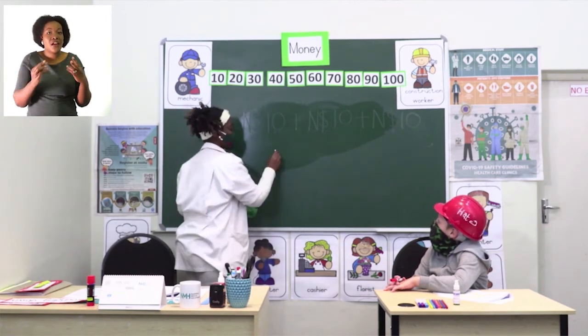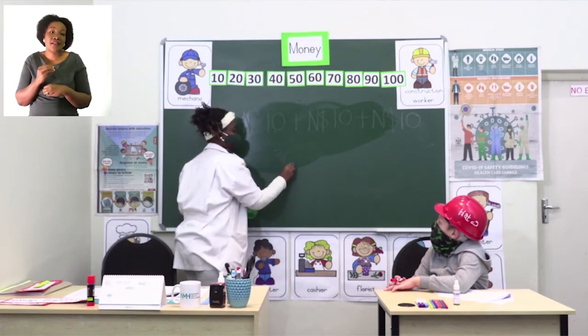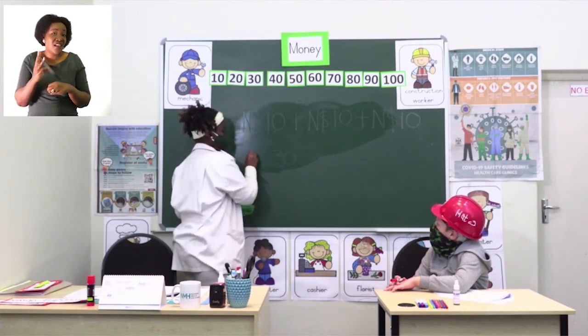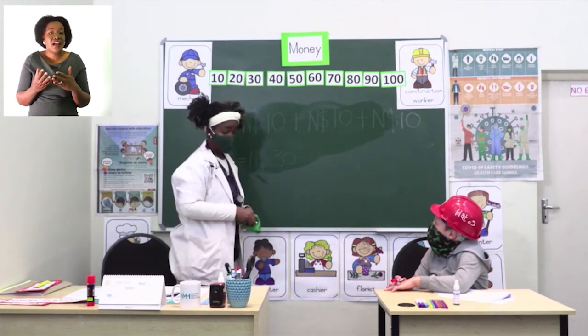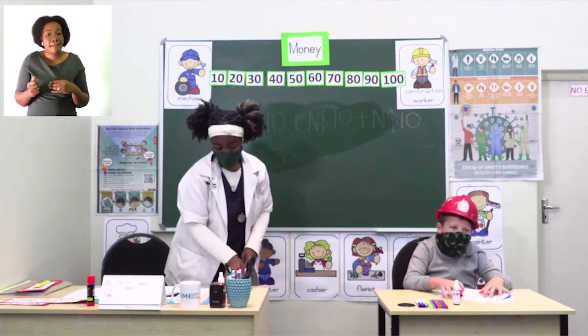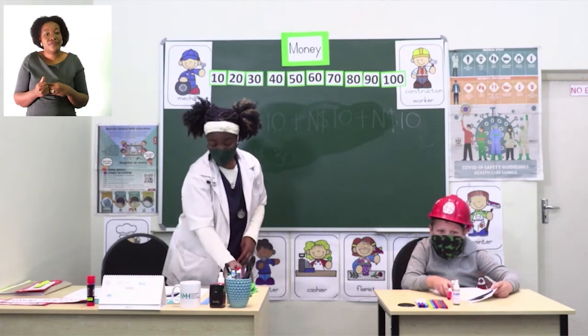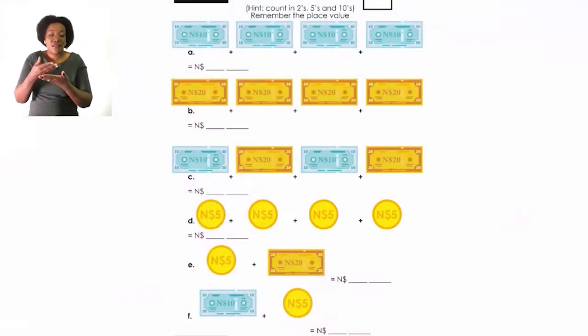So which means we will have 30, but 30 what? 30 Namibian dollars. So that is how we count money. Let's quickly look on our worksheet on page 5, whereby we have to calculate all the money notes that are given to us there.